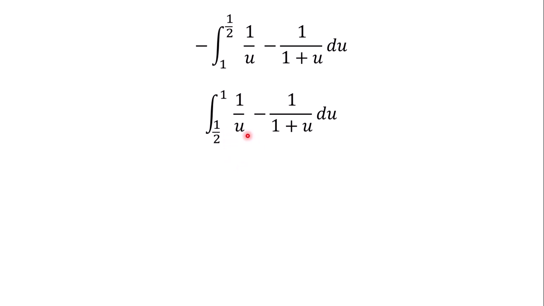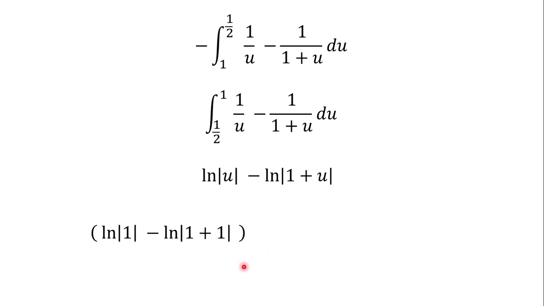Okay, so now let's integrate. This one will give us natural log absolute value of u minus natural log absolute value of 1 plus u. Good. Now let's put the figures into the expression and find the actual value. Remember, upper limit minus lower limit, or upper bound minus lower bound.